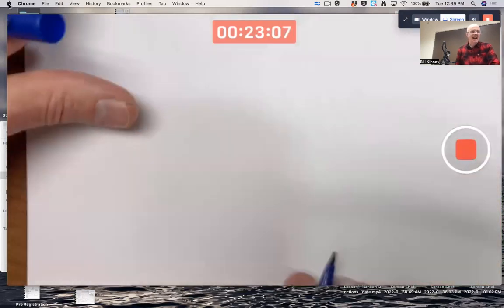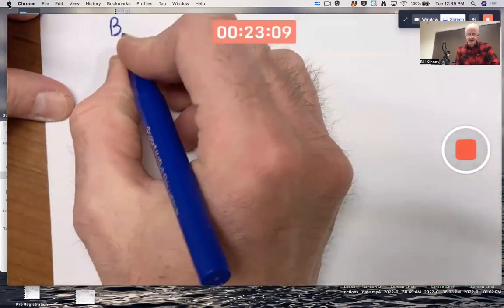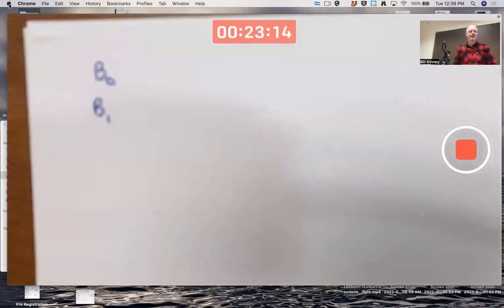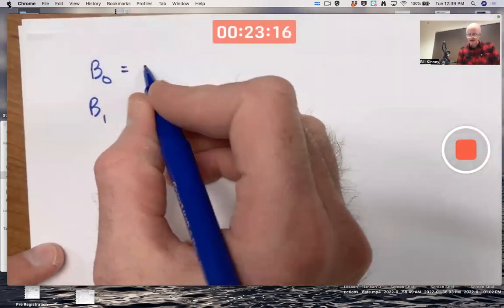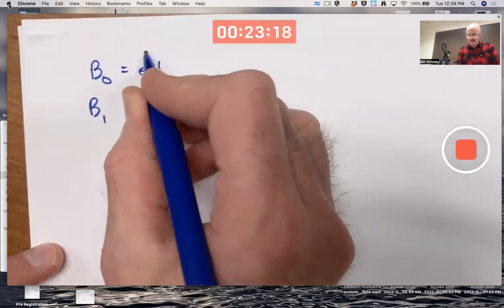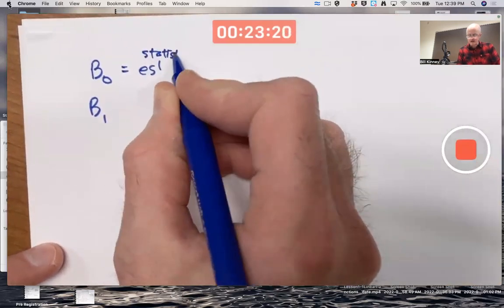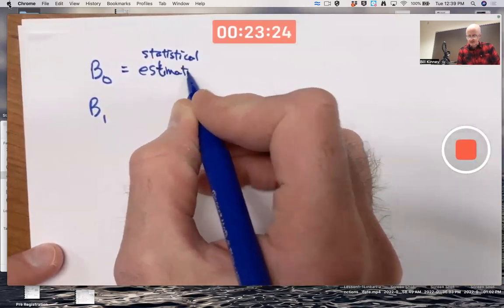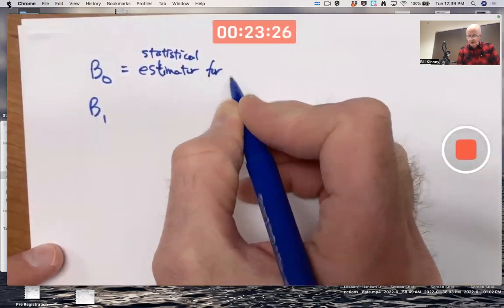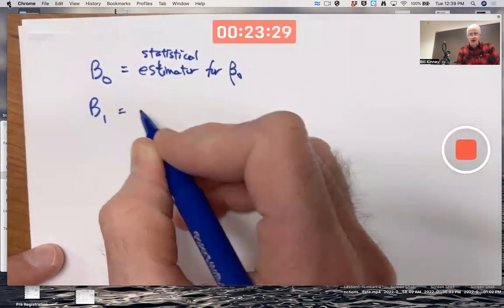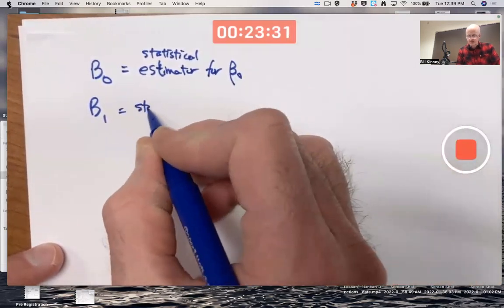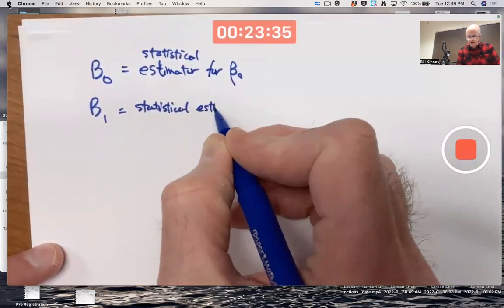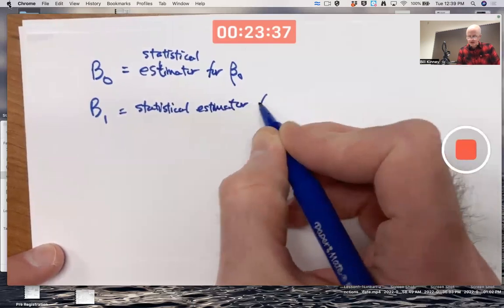How about capital B0 and capital B1? Capital B0 is going to be a statistical estimator for beta 0, and capital B1 is going to be a statistical estimator for beta 1.